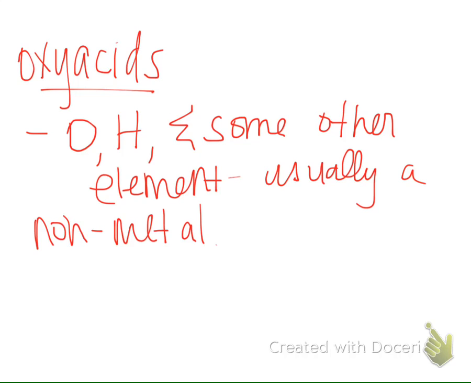Oxyacids are most of the time formed with polyatomic ions that we know: carbonate, sulfate, phosphate, nitrate. All of those are a nonmetal bonded with oxygen. All we do is add hydrogen to them and they become these oxyacids. Does that make sense?